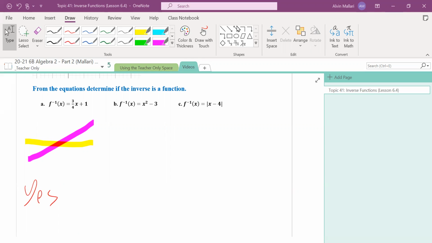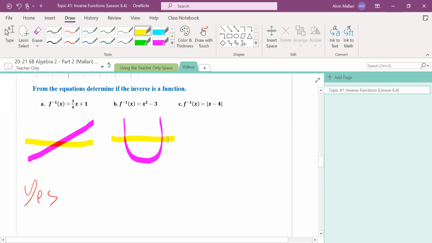All right. So here's how the graph looks like. It's a parabola. So since it is a parabola, when we use a horizontal line test, it is going to hit 2 points. Okay, so we say in this case, it is not a function.